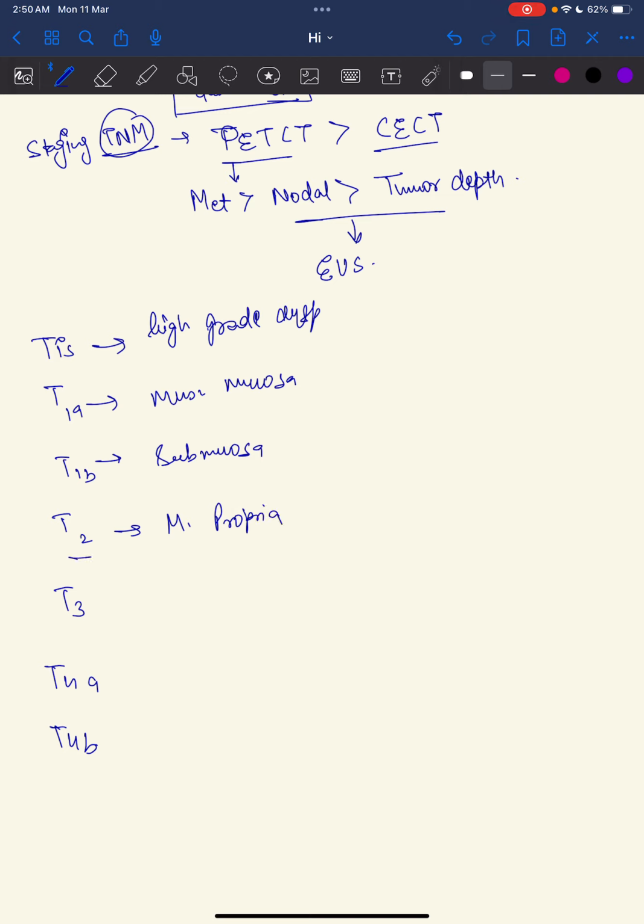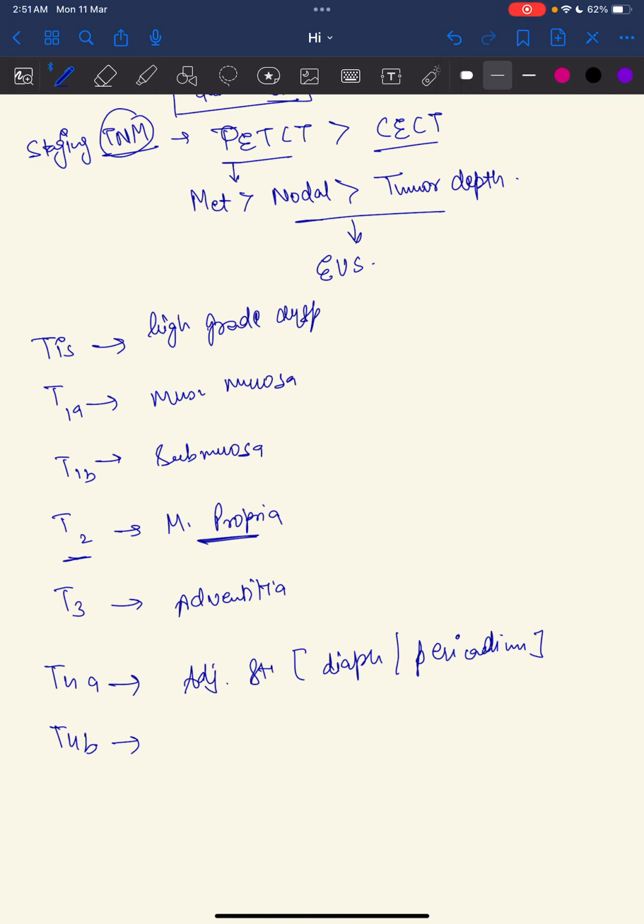From T3 it is the adventitia, and T4 is the adjacent structure, which is the diaphragm and pericardium. T4b is unresectable adjacent structure.